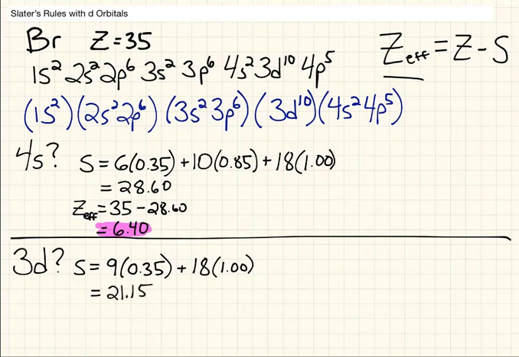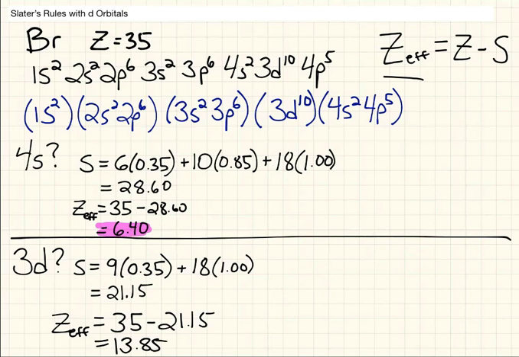And so our effective nuclear charge for this particular case is going to, again, be equal to the actual nuclear charge, 35, minus this shielding constant, which is 21.15, and our final answer here becomes 13.85.